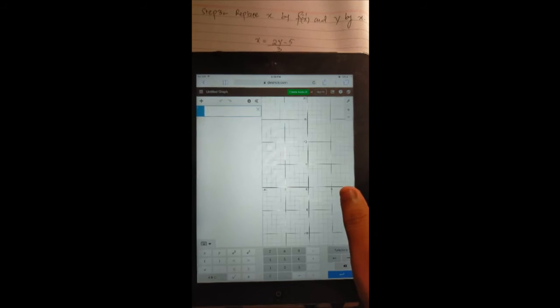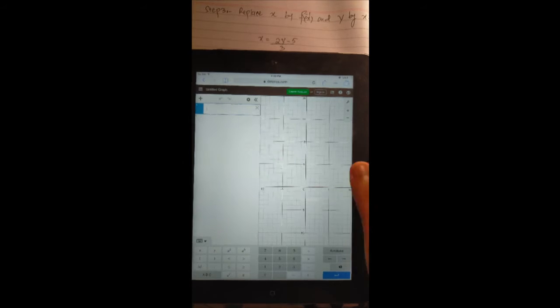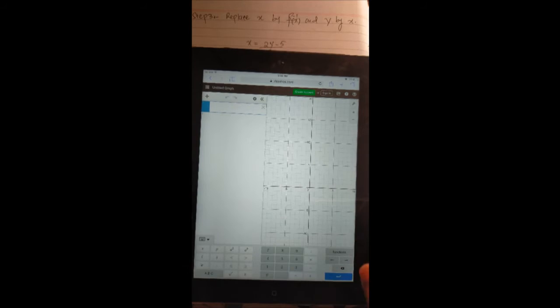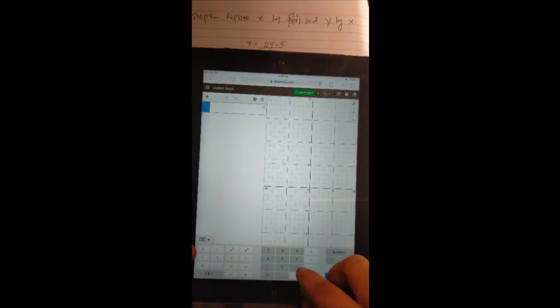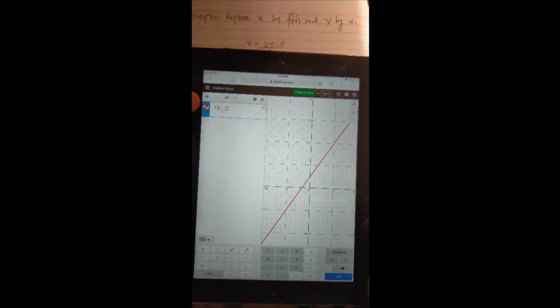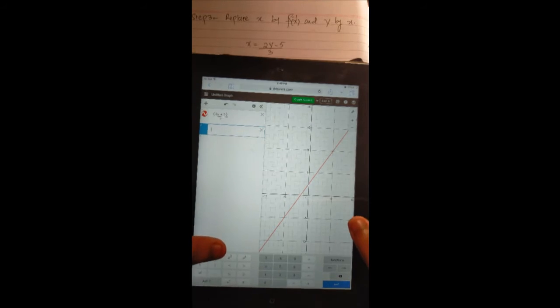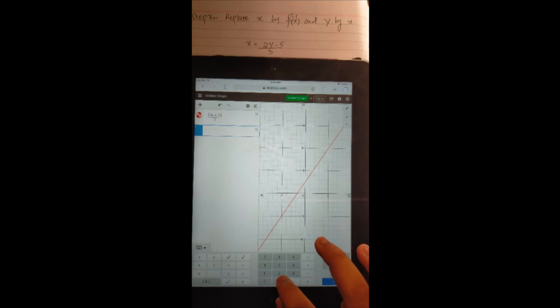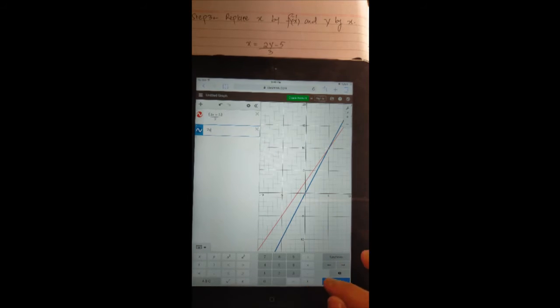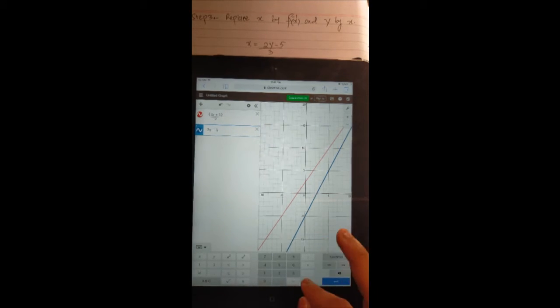Now we will be visualizing the relationship between the f inverse graph and the f of x graph. So the f of x graph is (3x plus 5) divided by 2. This is the f of x graph, and the f inverse graph is (2x minus 5) divided by 3.